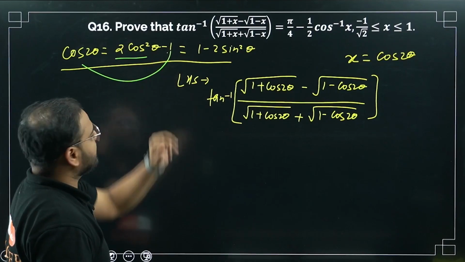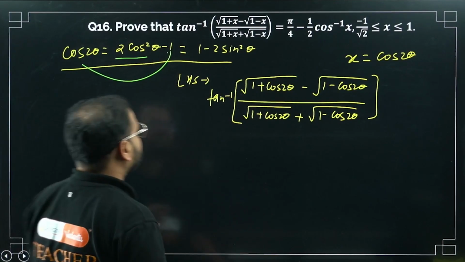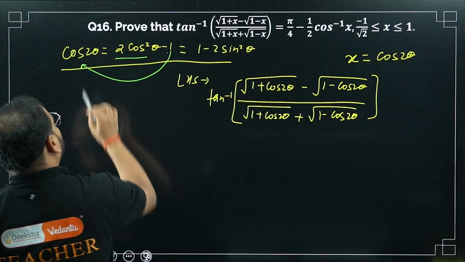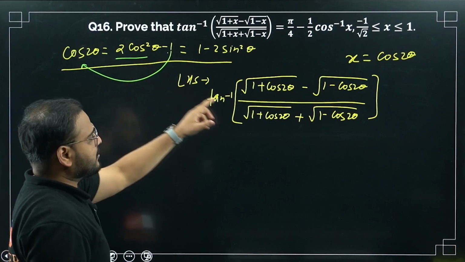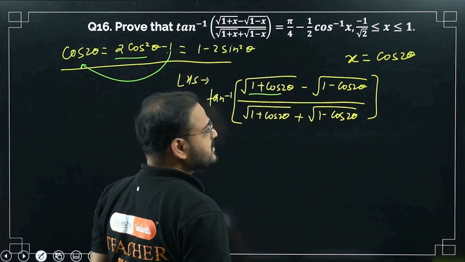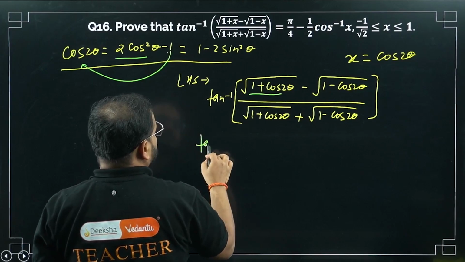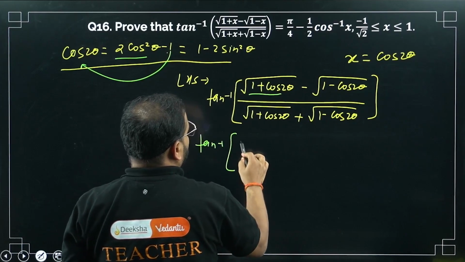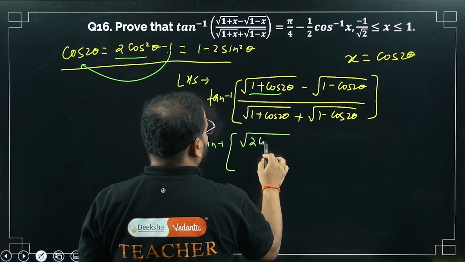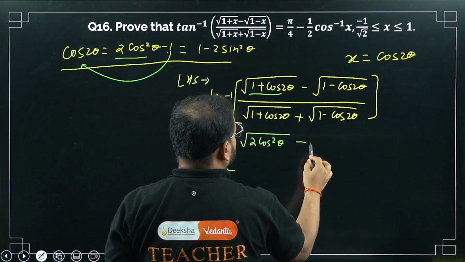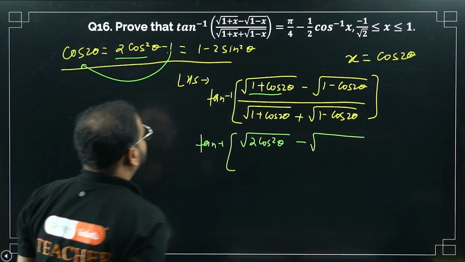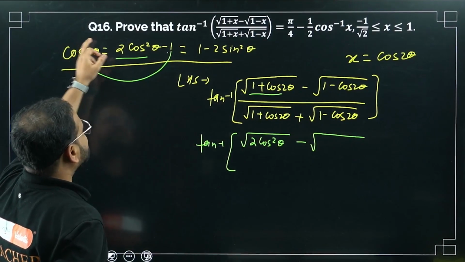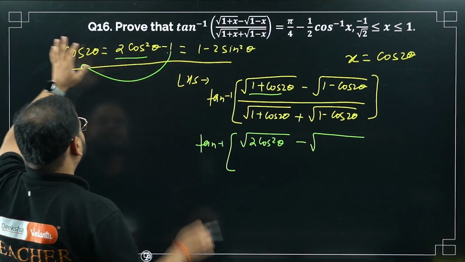And what is that going to be? 2 cos square theta. I'll repeat. If I bring this 1 over here, it'll become 2 cos square theta. So write it here. This whole thing will become simply 2 cos square theta. So tan inverse, under the root 2 cos square theta minus 1 minus cos 2 theta. Please check. If I bring this on this side, I'll show you.